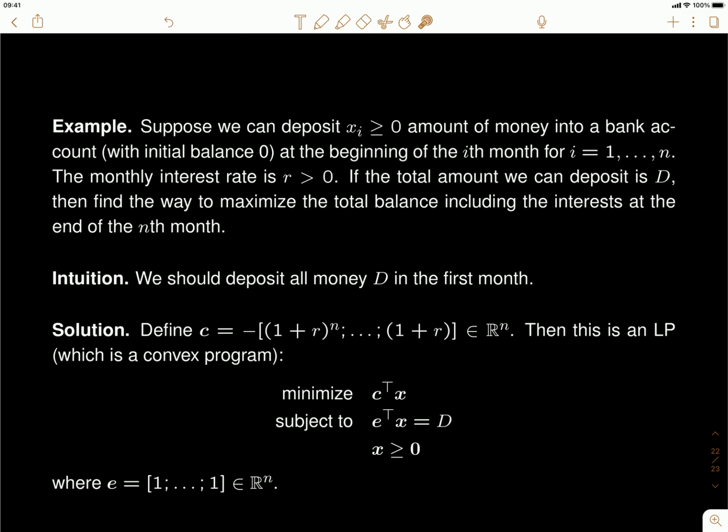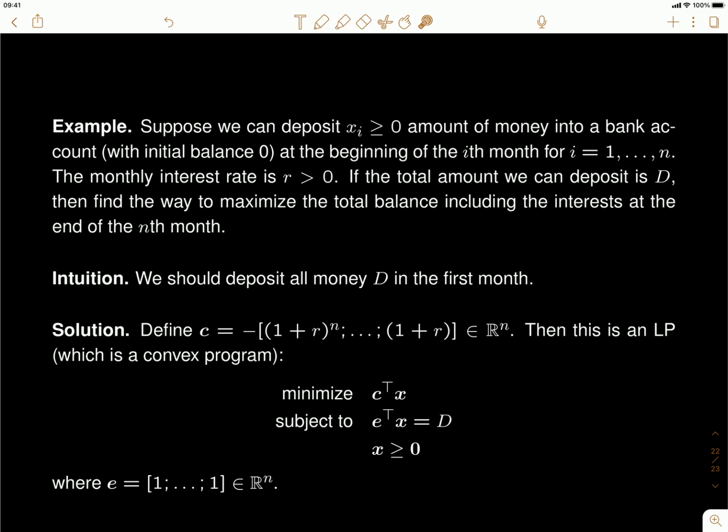So suppose we have this money to deposit. How should we distribute this money to different months and then collect the deposit and the interest at the end of the month?